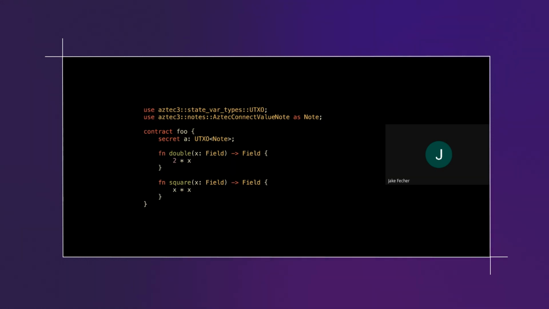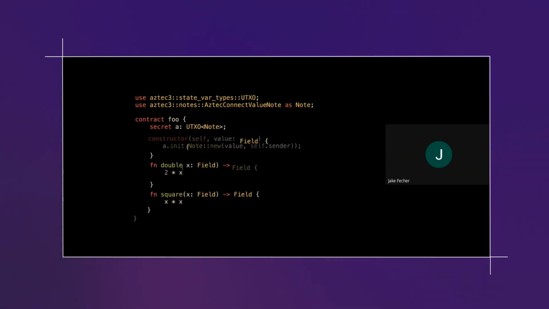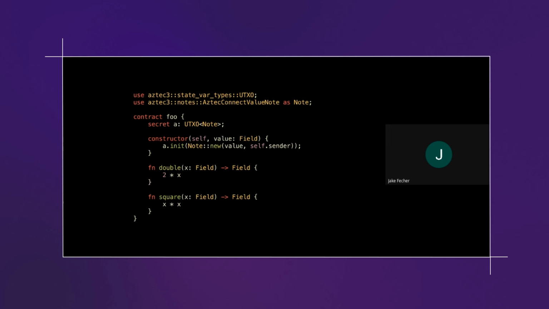All right, so after we add our note variable, we need to initialize it to give it a value. And we can do that by adding this new constructor construct. To give it an initial value, we call the init function on the UTXO struct. And we initialize it with an initial note value, which we can create by giving the note an initial value, and the note also needs to know its owner.